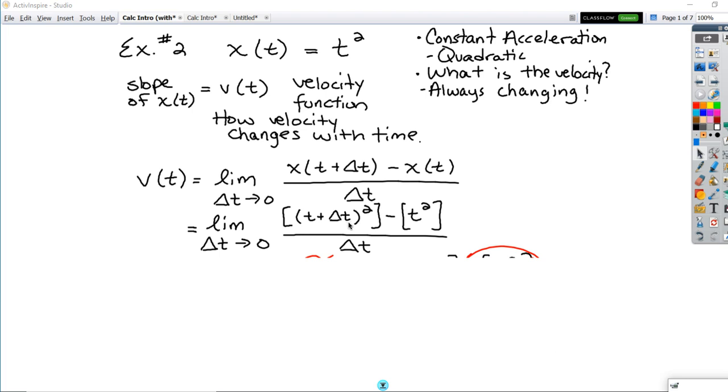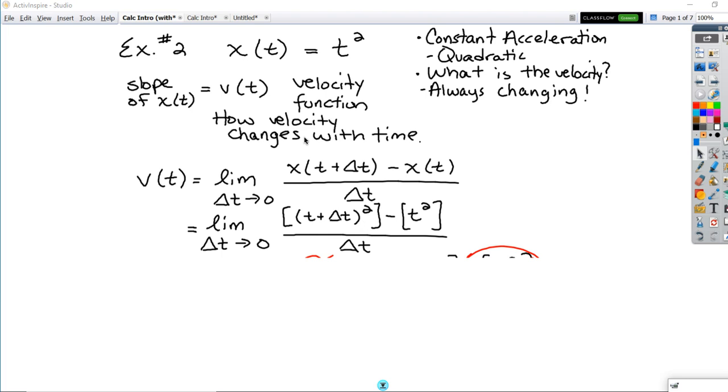Now, the next step is to simplify. There's a little bit more to do with simplification here, because now you have this term squared. And you can imagine that the higher the power of the polynomial, the more work you're going to have to do.